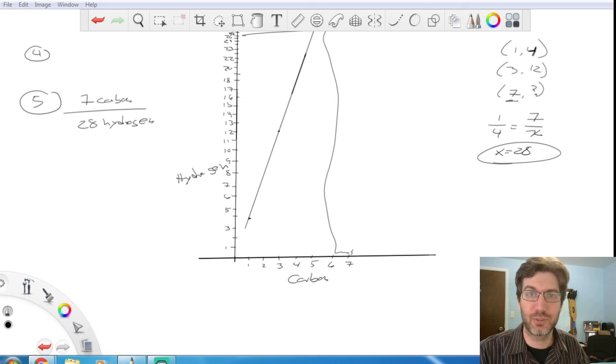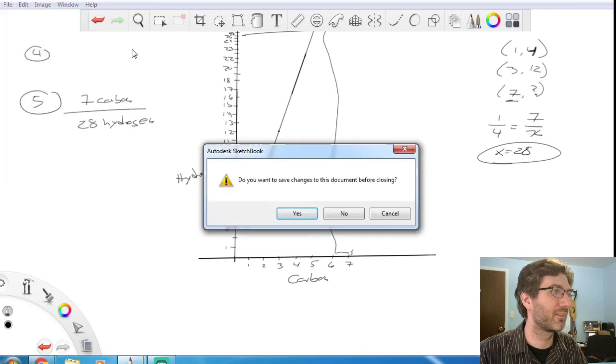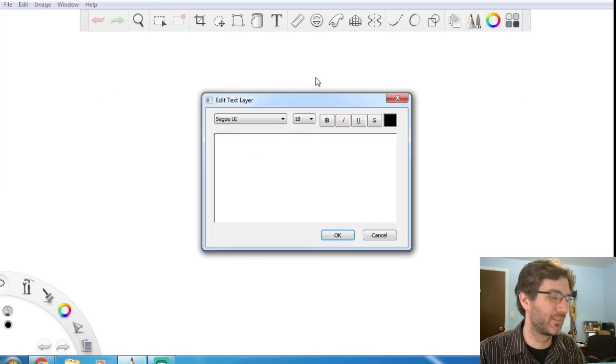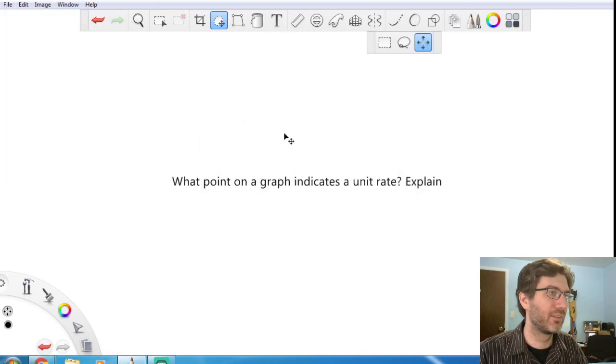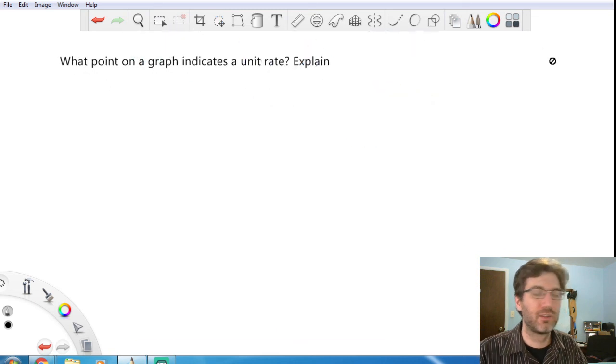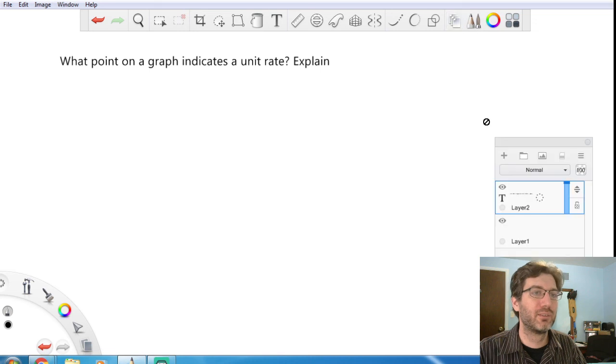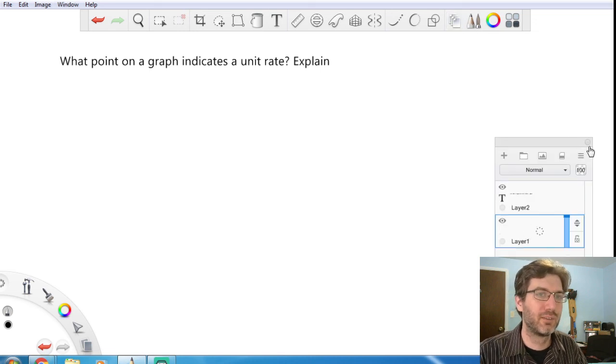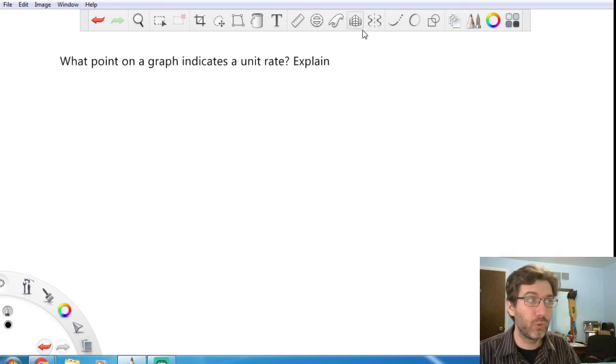The discussion question. All right. This is our discussion question. What point on a graph indicates the unit rate?